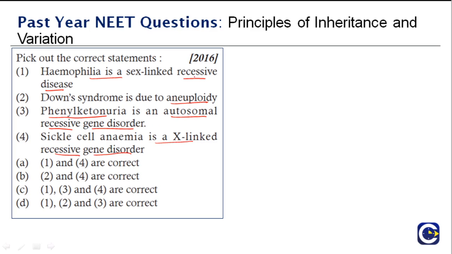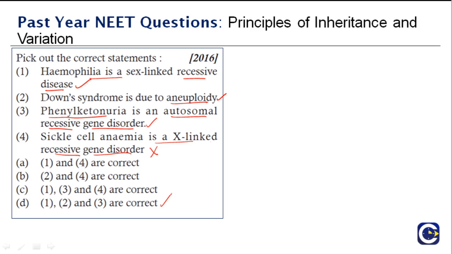So hemophilia is a sex-linked recessive disease. This is true. Down syndrome is due to aneuploidy. This is also true. Phenylketonuria is an autosomal recessive gene disorder. This is also true. The only wrong statement is that sickle cell anemia is an X-linked recessive gene disorder.